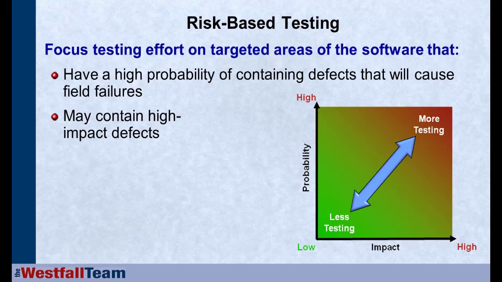So again, less testing versus more testing. Our error-prone components, our most used components, our most changed components, the tighter coupled ones, the ones that are going to take longer to fix, all of those things are deserving of more testing.